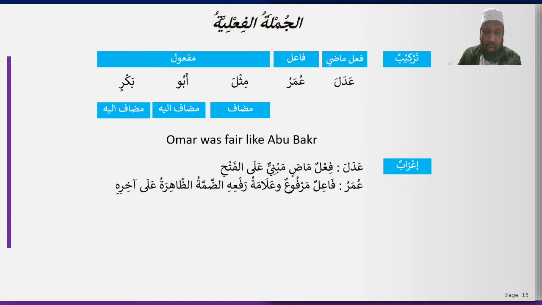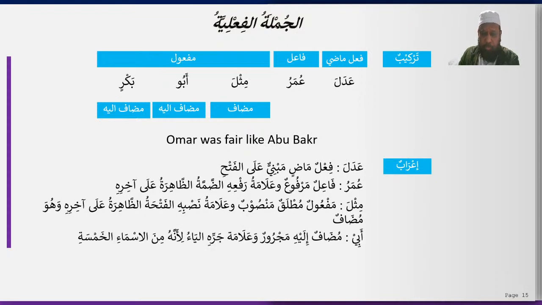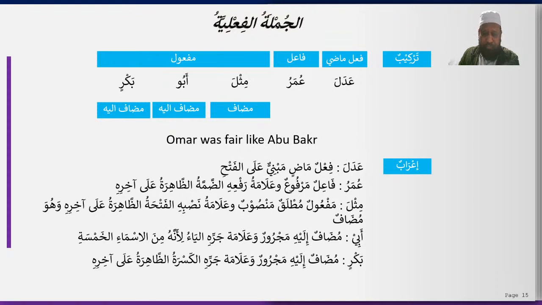I just explained how it is mutlaq because مثل over here is describing the فعل عدل. مثل مفعول مطلق منصوب وعلامة نصبه الفتحة الظاهرة على آخره وهو مضاف. أبي مضاف إليه مجرور وعلامة جر الياء لأنه من الأسماء الخمسة. بكر مضاف إليه مجرور وعلامة جر الكسرة الظاهرة على آخره.